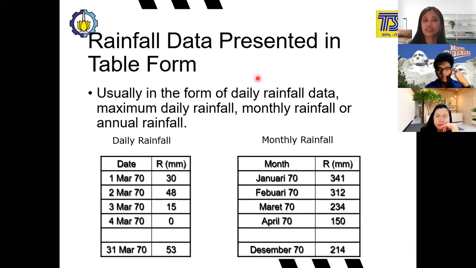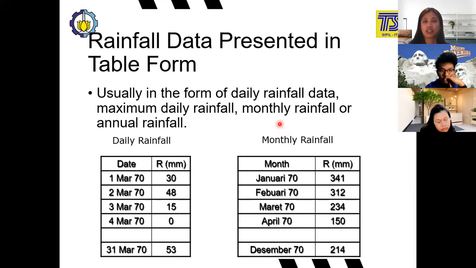And now, in today's class, we will also talk about the rainfall data, but it is mostly regarding the calculation. As we know from our previous meeting, we haven't talked about the calculation yet.